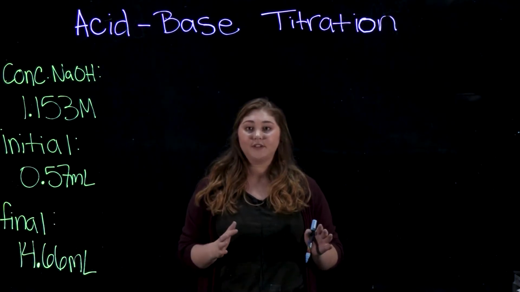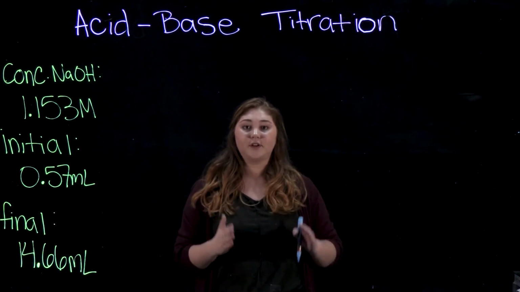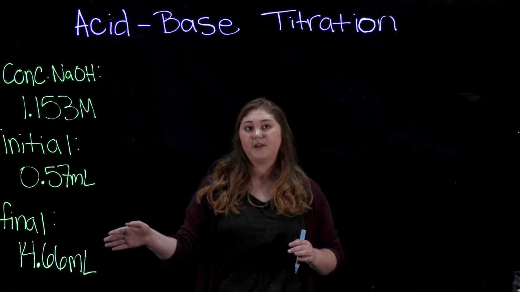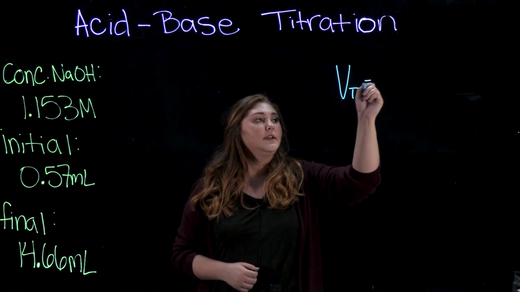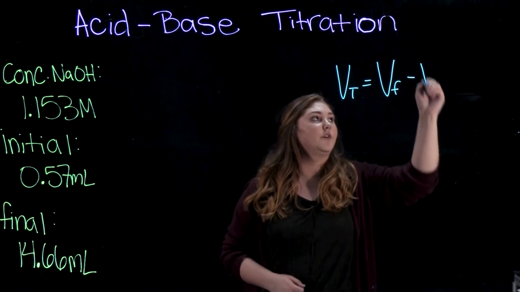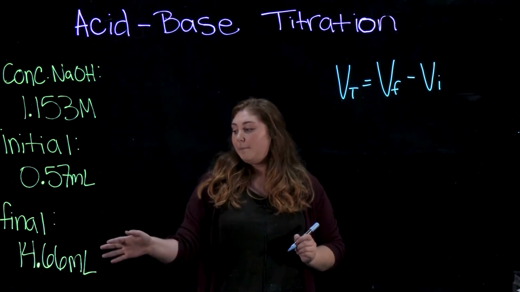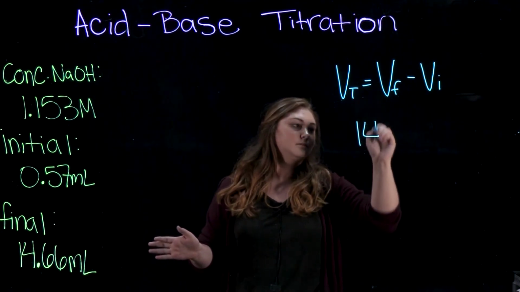To start this calculation, we need to know the volume of NaOH that was required to titrate our sample. We can find this by looking at our initial and final burette readings. The total volume added to our sample is equal to our final volume minus our initial volume. Looking at my data, my final volume was 14.66 milliliters.